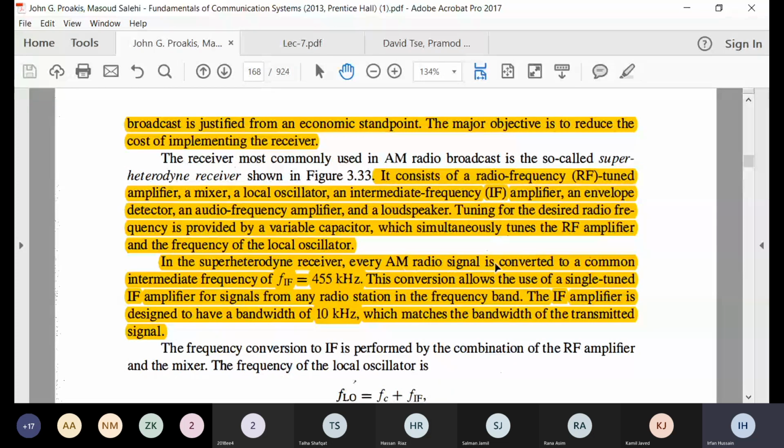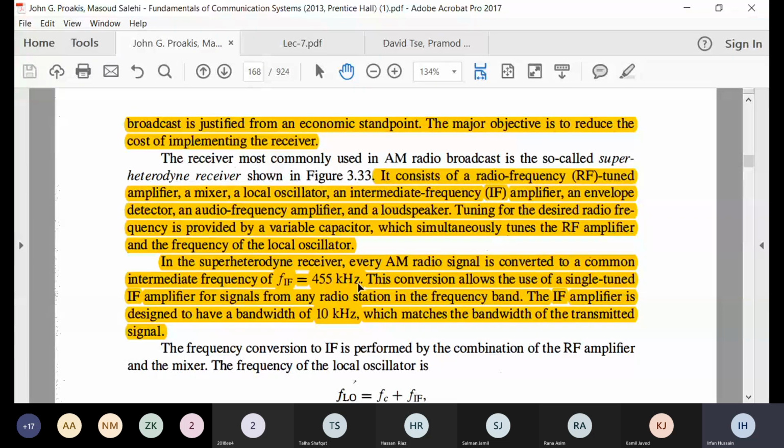So we do such a conversion at the receiver so that if we are receiving any AM signal, it could be of any frequency. As we have just seen, it is going roughly from 550 to 1600 kilohertz.